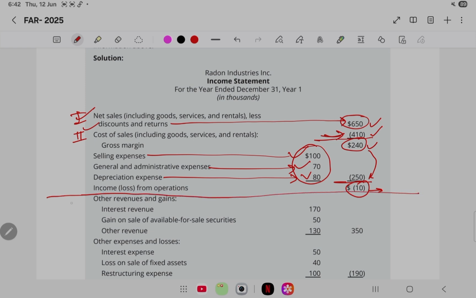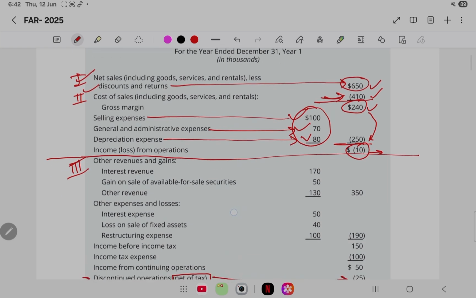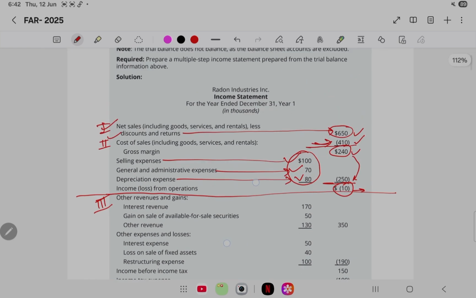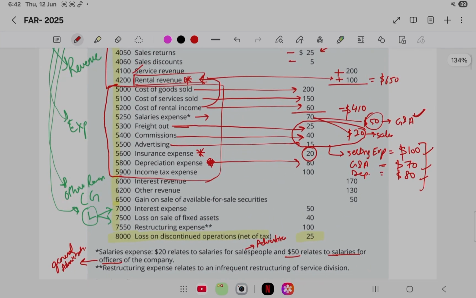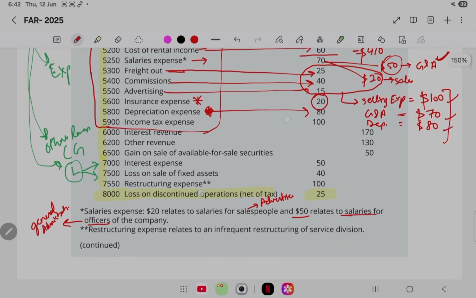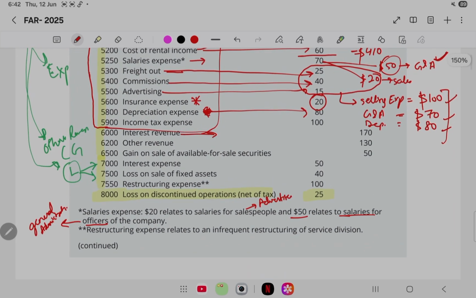Right, now we will add the third part, that is non-operating gains or losses. Now I have told you income tax expenses will be used later. Now comes the revenue part. It is non-operating. Interest income add 170.